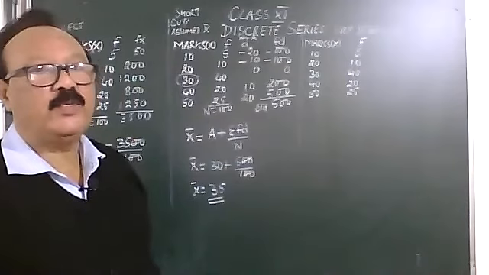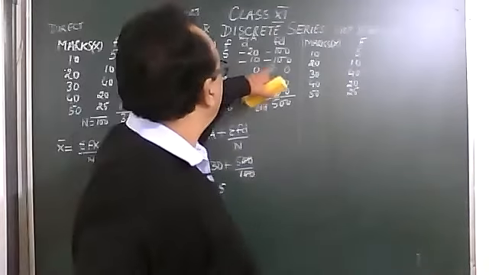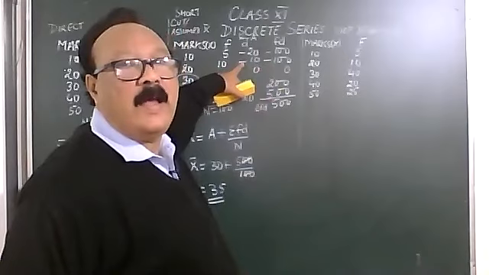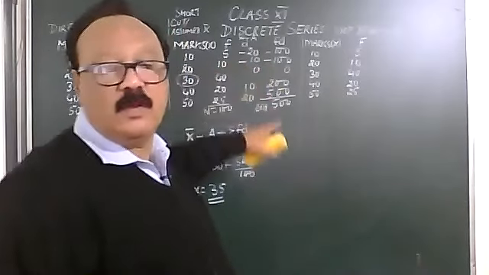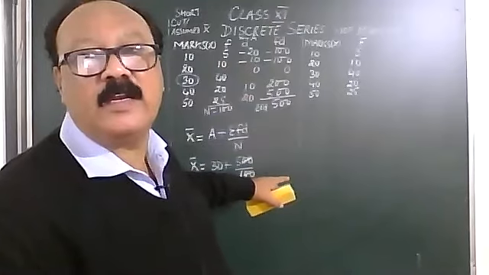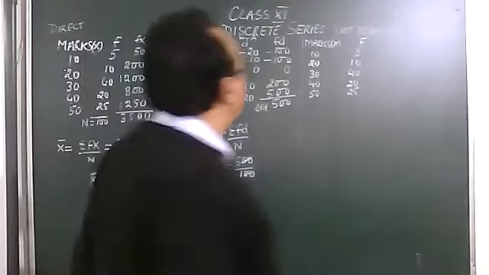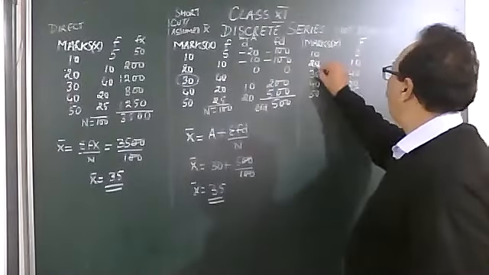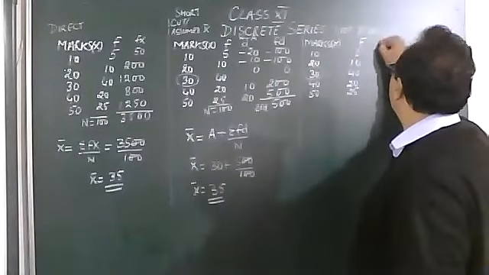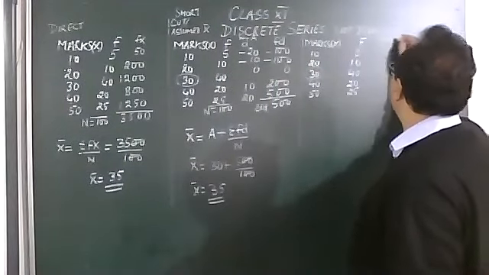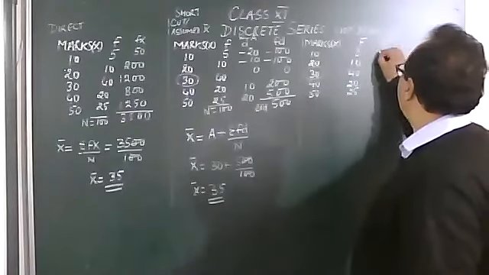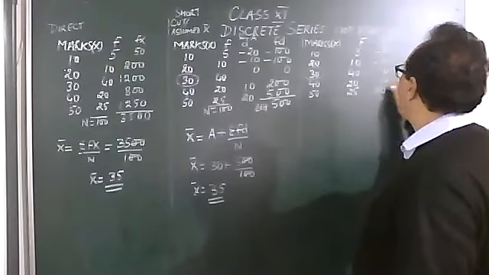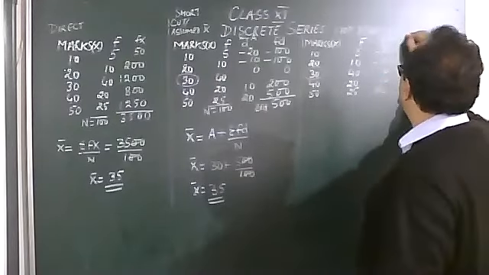Now, step deviation is one step extra. The deviations which we got, we can bring them down to smaller values by dividing the deviations with a common factor. So everything else is the same. We keep the same thing, x minus a, to get deviations, and that is minus 20, minus 10, 0, 10, 20. f is the same.